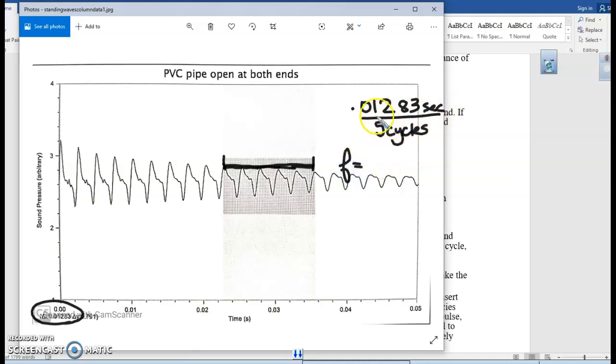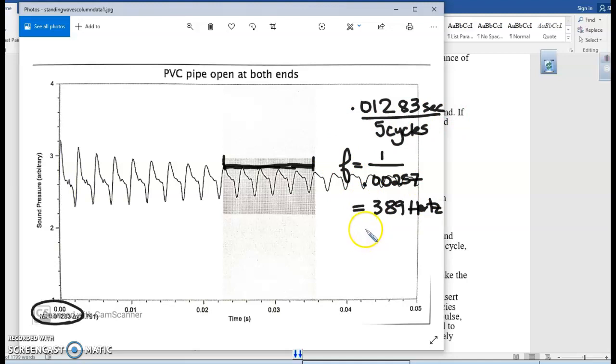When you divide that, you'll get 0.00257 seconds per cycle. So to get frequency, I flip that, and we get 389 hertz. You should jot this all down as data.